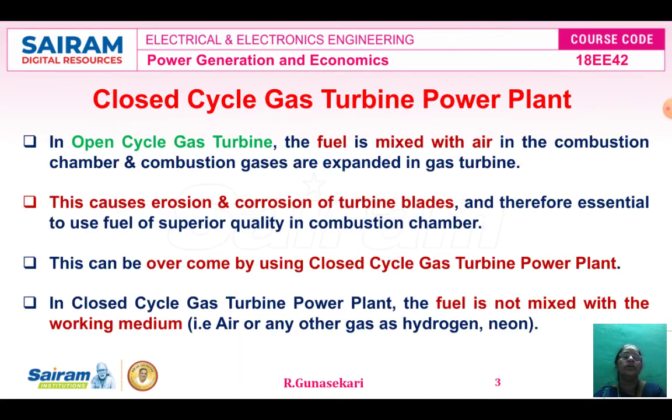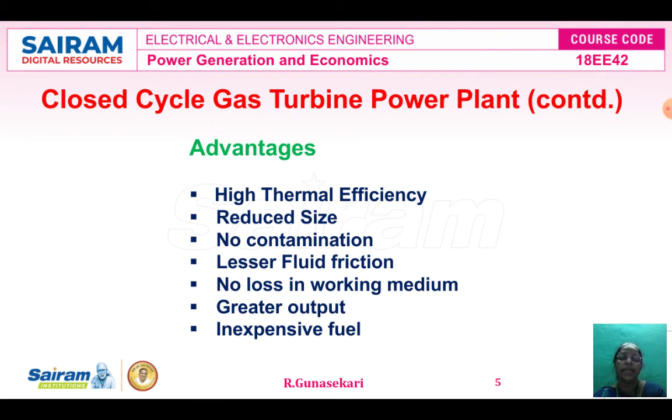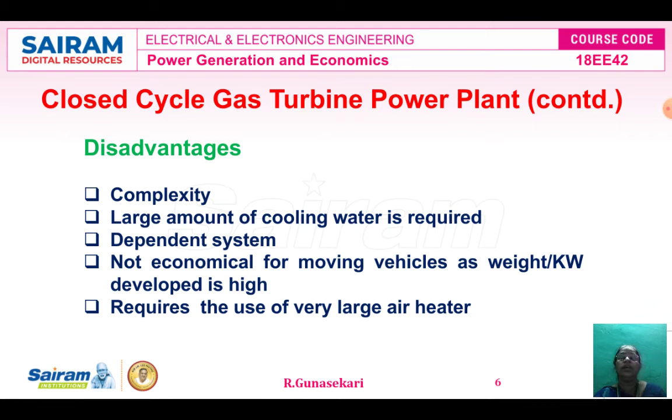So therefore there is greater complexity in the closed cycle gas turbine power plant, and a large amount of cooling water is required. Because to cool the compressor and to cool the two heat exchangers, a huge amount of cooling water is required. Then it is a dependent system.